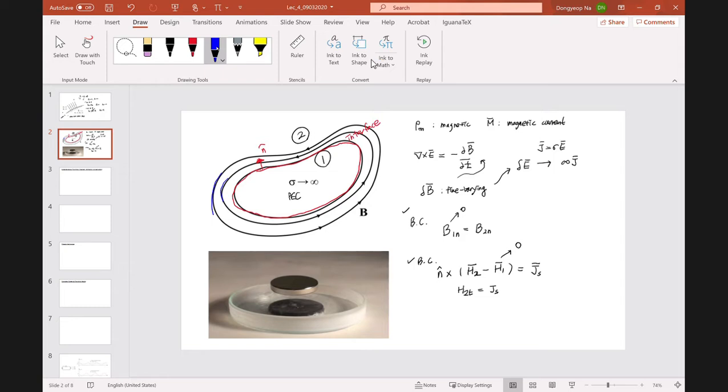So in order for this direction to be, there's a current flowing normal to this paper. So actually, this is the direction of the surface current on the interface.